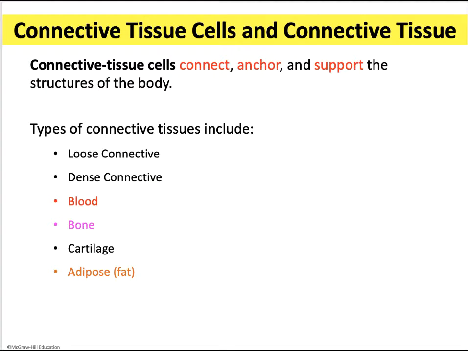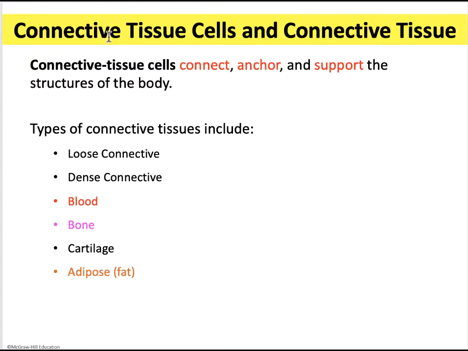Finally, we reach the fourth bucket, and the fourth bucket has everything else left over. So not muscle cells, not nerve cells, and not epithelial cells. So all the other types of cells, including blood, bone, and fat cells, as well as loose connective tissue and dense connective tissue, and soft bone, cartilage, are all placed together in this bucket, which seems an anomaly, but that's what it is.